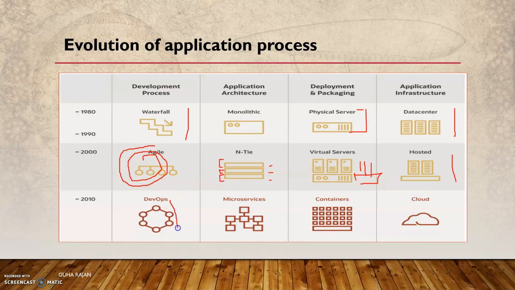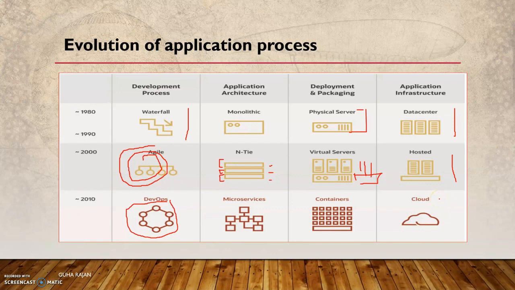The development and operation process keeps continuing, and continuous deployment and continuous integration happen. And along with all this, they had microservices. To use microservices, you need containers, and containers are generally on the cloud. So post 2010, you had clouds.